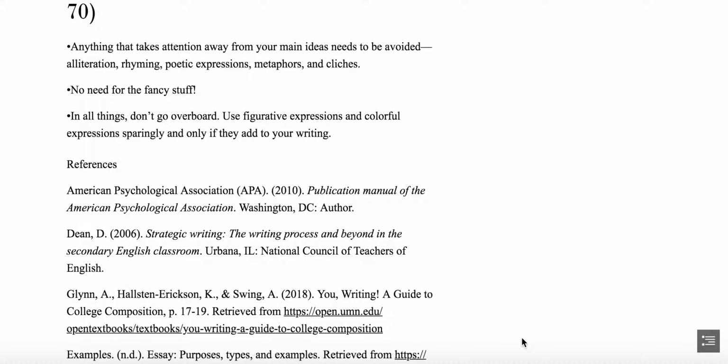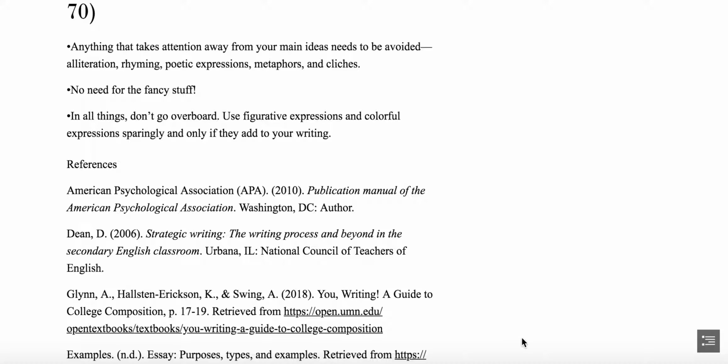And so when I first started writing academically, it was difficult for me to give up some of these things. But you can make your writing interesting and smooth and a pleasure to read for your reader without going overboard on figurative expressions and colorful expressions and things like that.